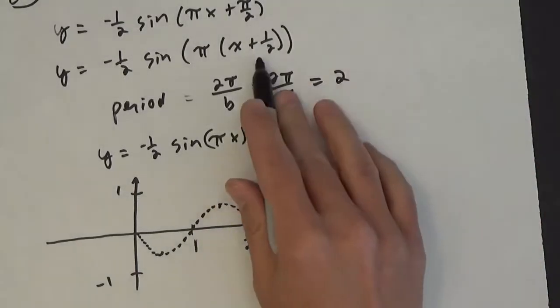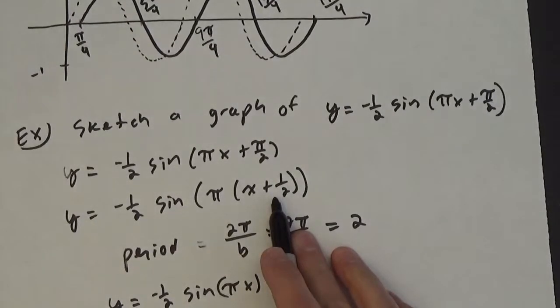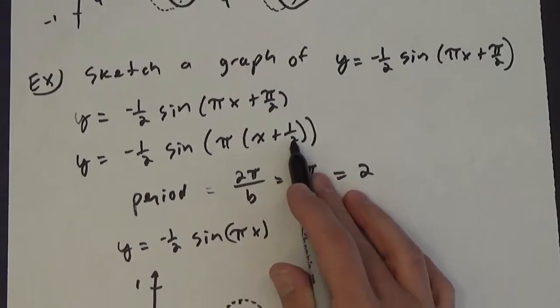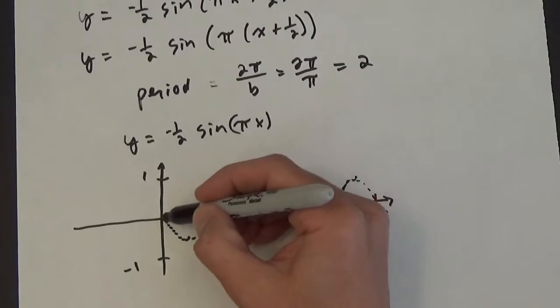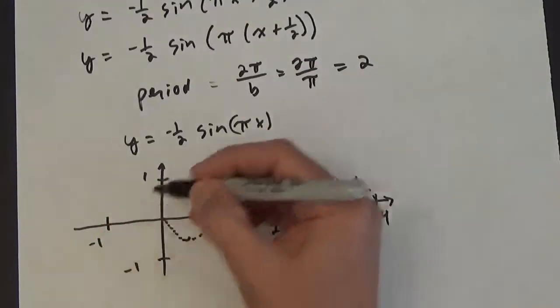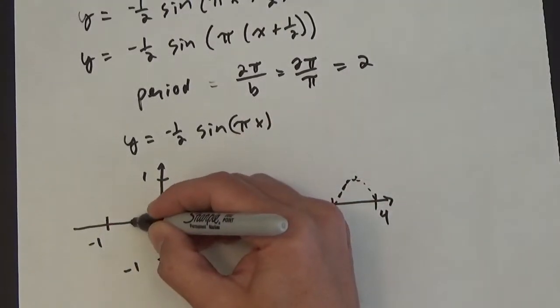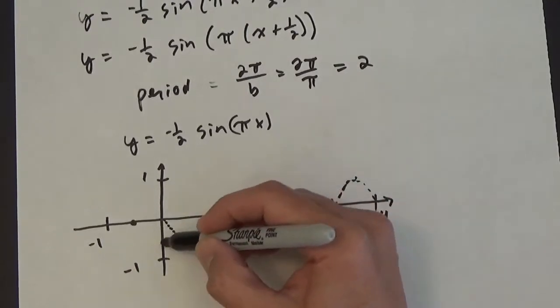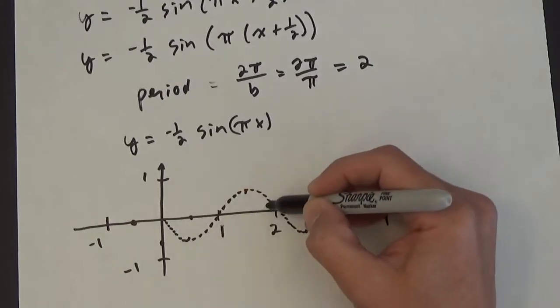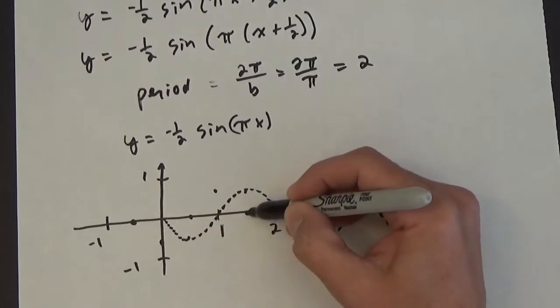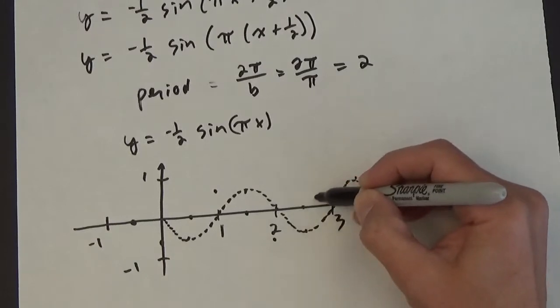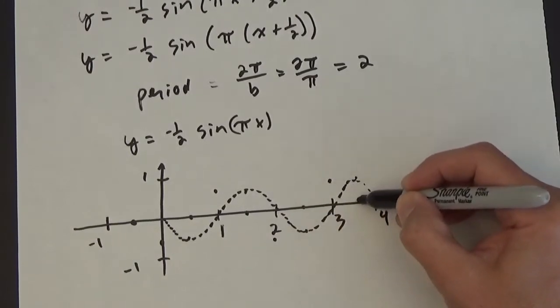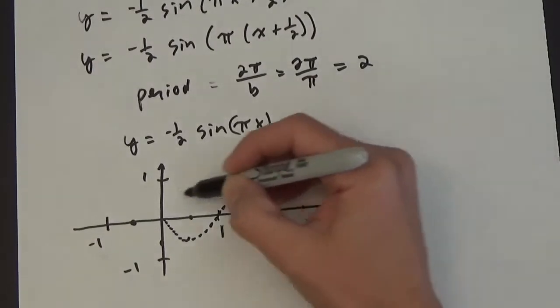Now we can put in our horizontal translation of 1/2. Because it's a plus 1/2, we're moving it to the left 1/2. So here is negative 1, and this point now is going to start here. Everything's getting shifted over. So this point's here, here. I think that's going to be good.